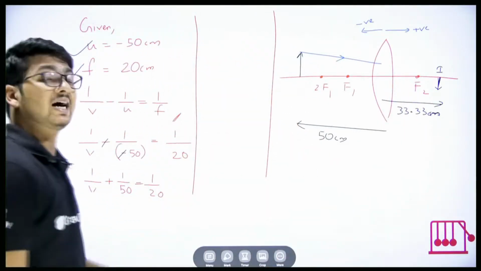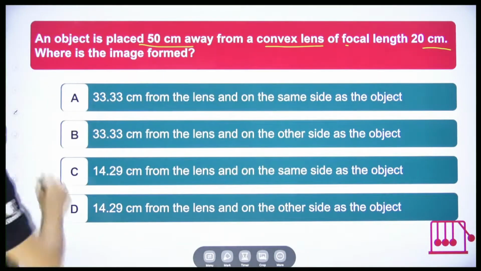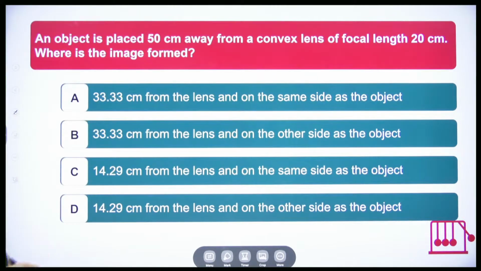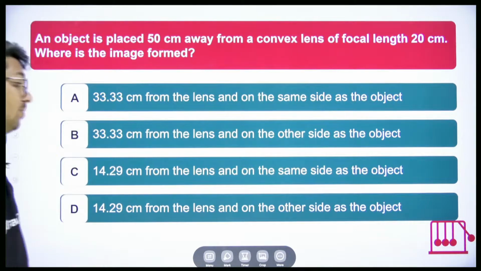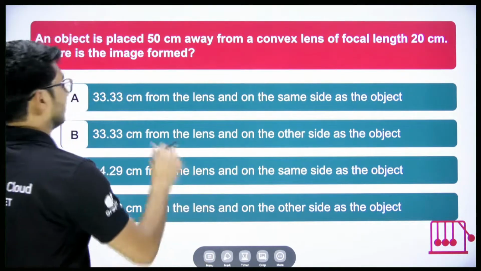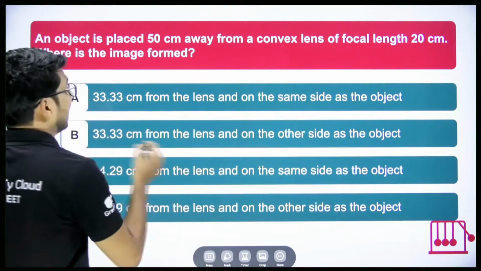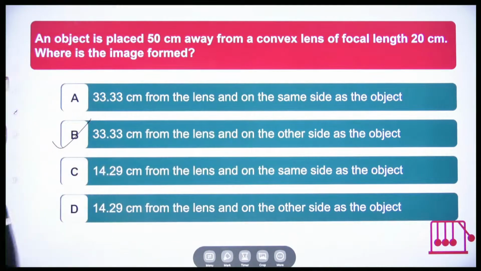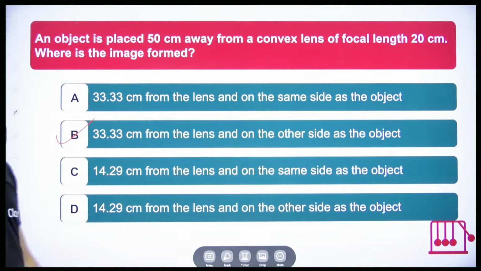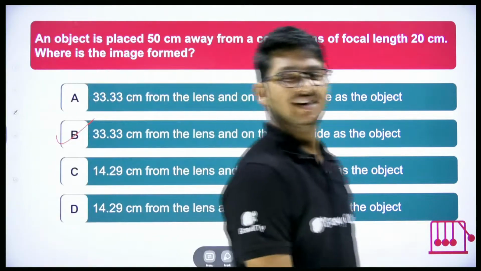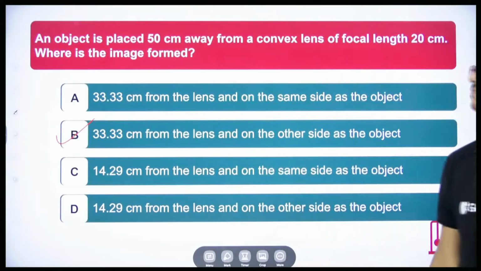That means it should be between A and B, 33.33 centimeter from the lens and on the other side of the lens, so option B is the correct answer. Understood? Okay. Next.